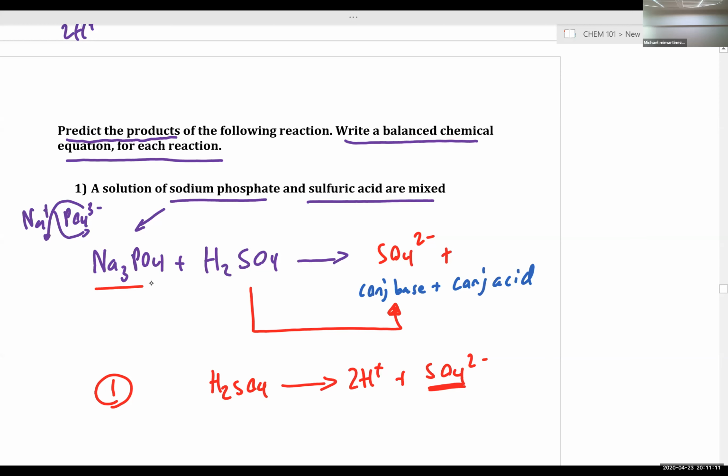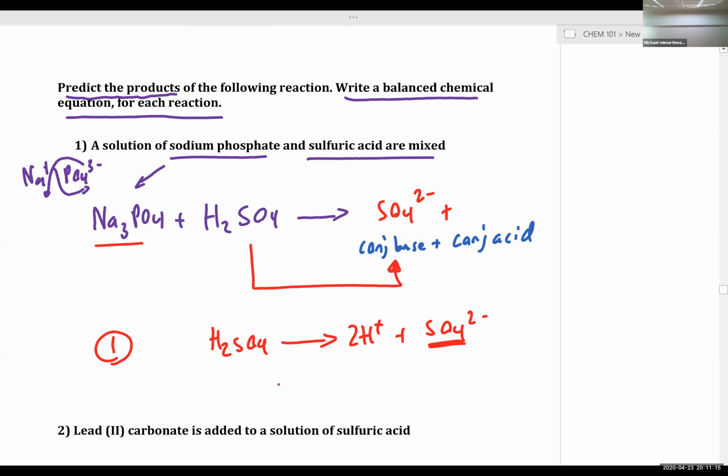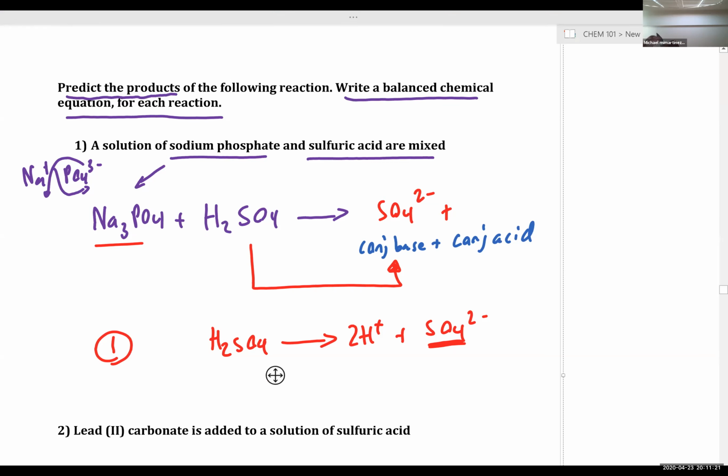And what is the conjugate acid of sodium phosphate? So if we have sodium phosphate, what conjugate acid will it make? If we have the phosphate anion, what is its conjugate acid? What happens when it gains protons?